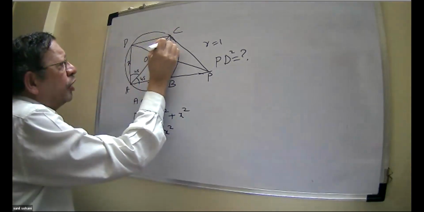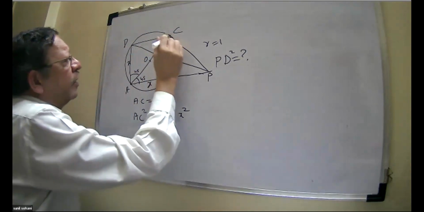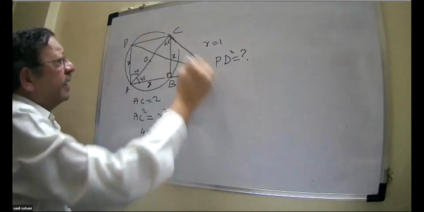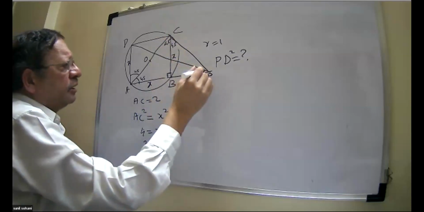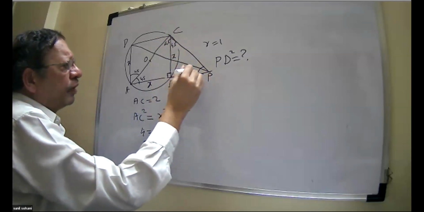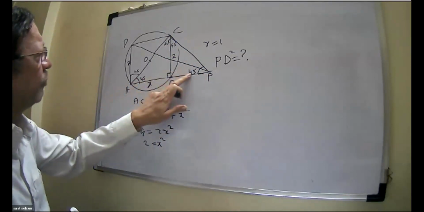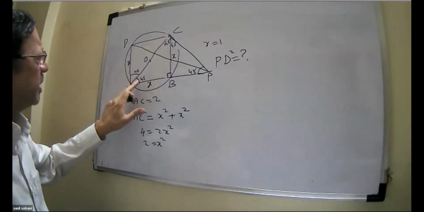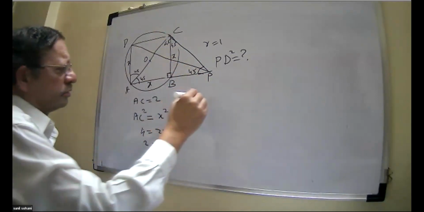So even this is going to be 45, and you can see here 90, and this is a tangent which is again at 90 degrees. Therefore, the remaining angle is going to be 45, and as a result, this angle P is going to be 45. And as you can see, the angles 45, 45 and 90 make triangle APC an isosceles triangle.